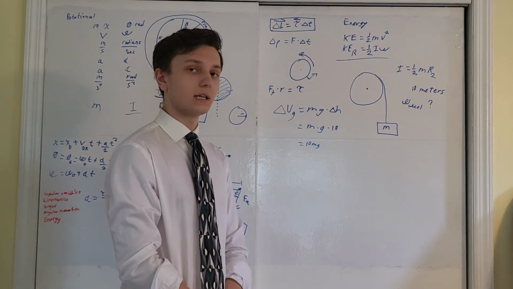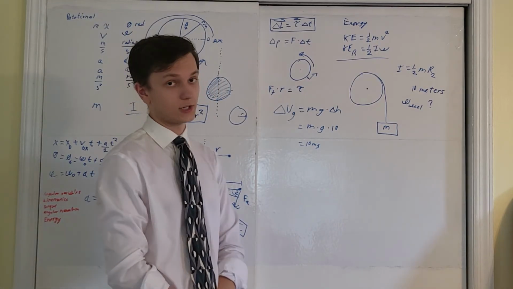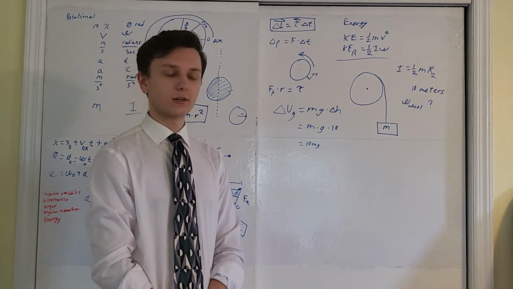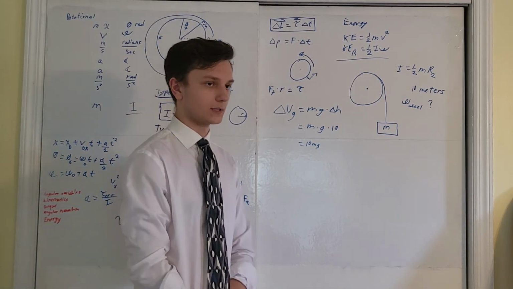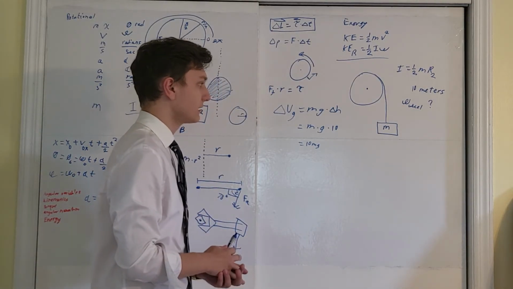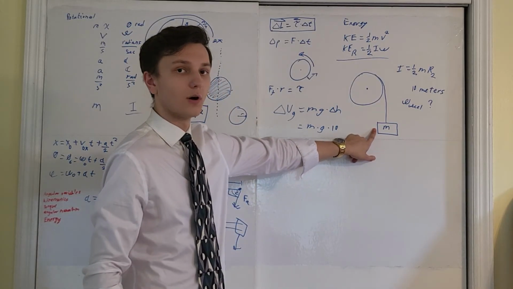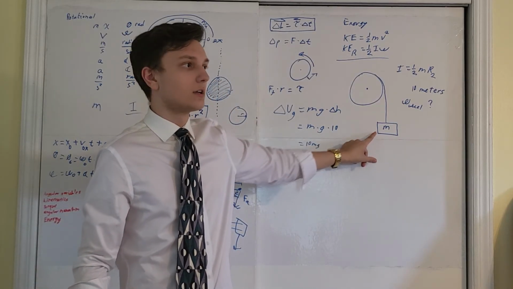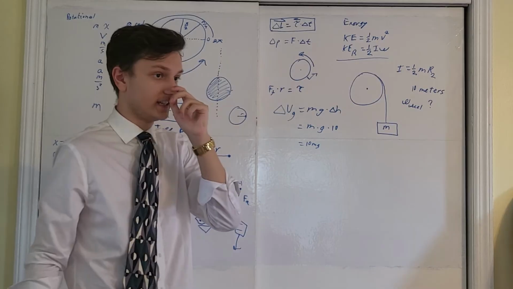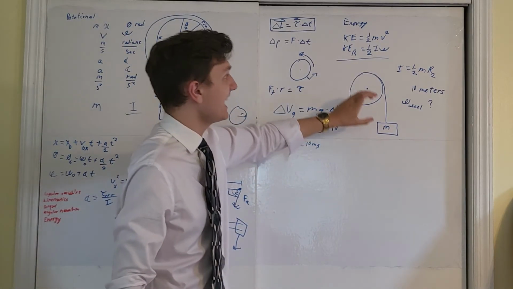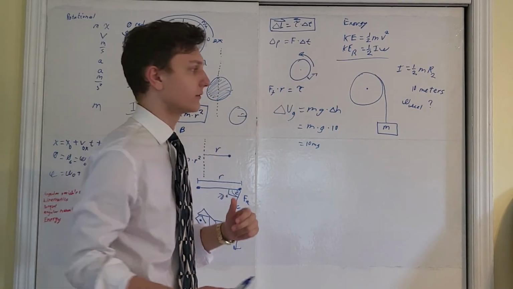You would be correct in saying that some of the gravitational potential energy became rotational kinetic energy, but you would not be correct in saying that all of it was converted to rotational, because you need to consider that since the mass m is falling, mass m also gains kinetic energy. So the entirety of your gravitational potential energy is converted to the kinetic energy of the block and the rotational kinetic energy of the wheel, assuming no friction, of course.